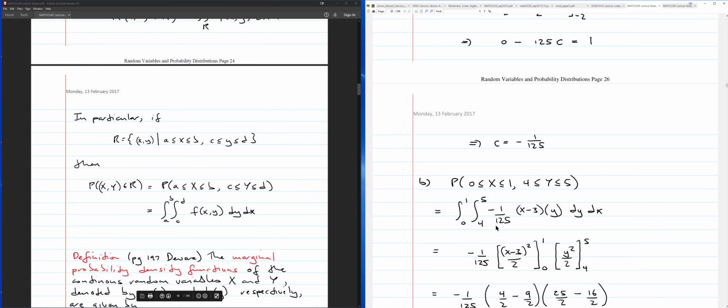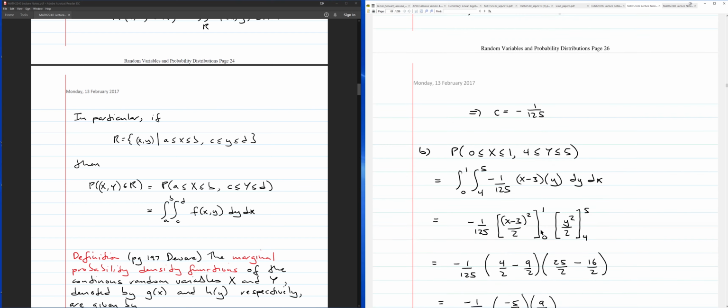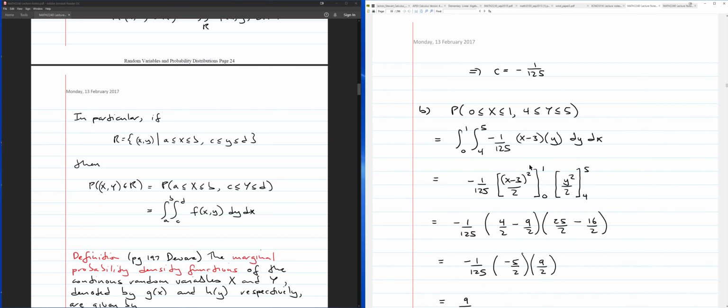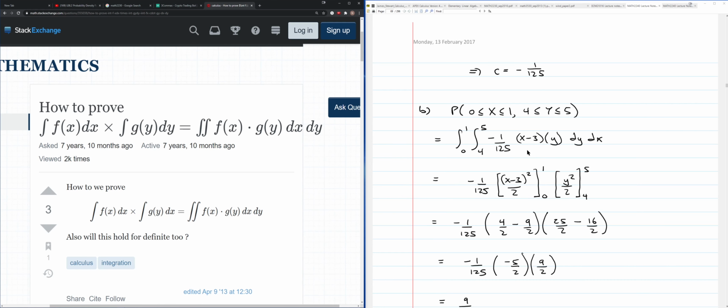To work this out, you work it out in your standard way. This is my function of two variables. I'm integrating with respect to y, then with respect to x. The working over here is very similar to what we had from part A. Because what you have is a function of x times a function of y, you could work this out in a somewhat fast way.